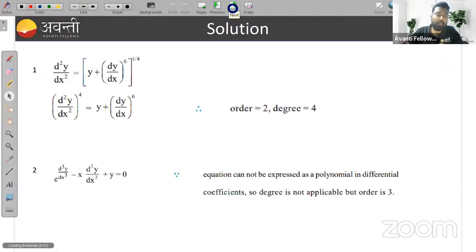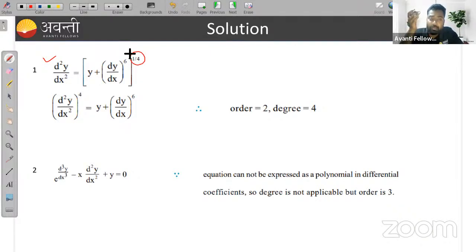Let's see. For the first question, you have this equation, and the exponent of the highest order derivative must be a positive natural number, but here we have a fraction. So first we need to remove that fraction.